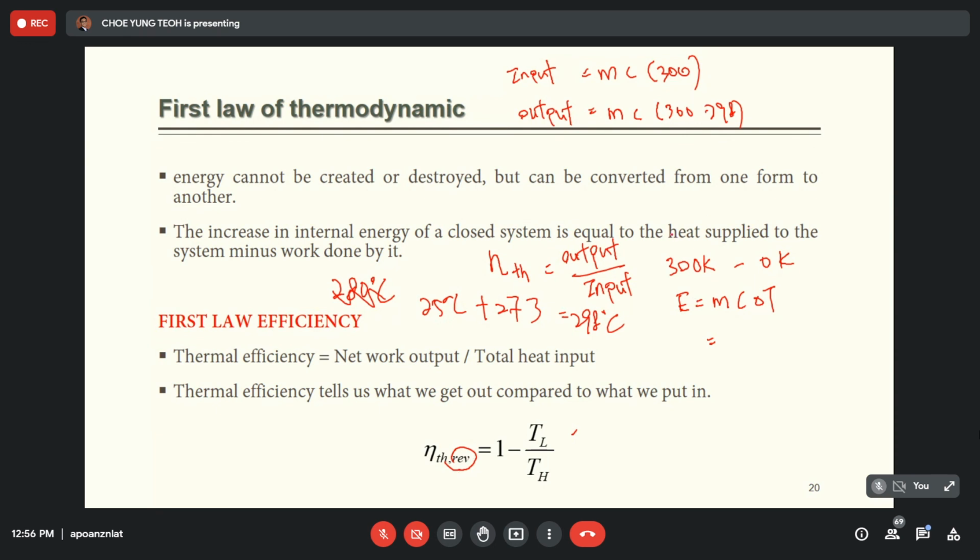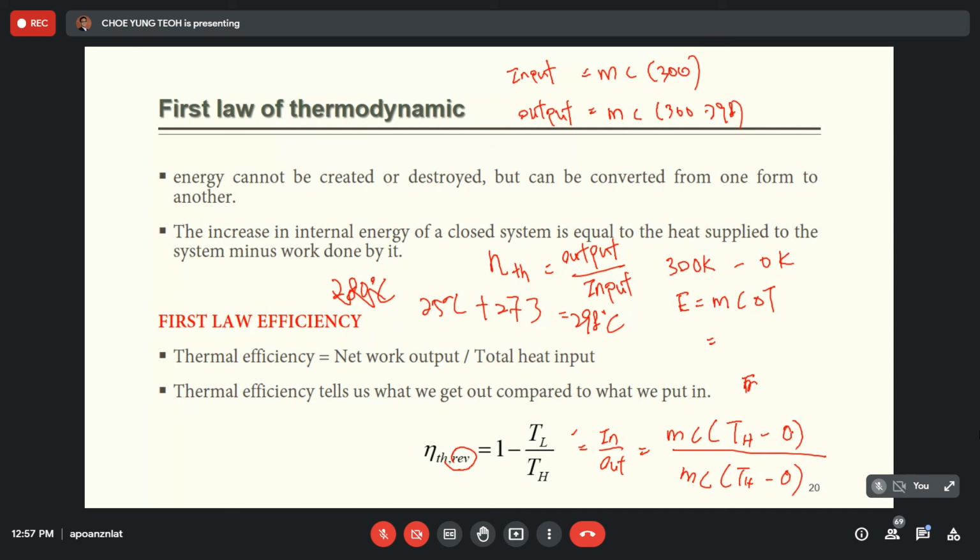Let's say I do not want to substitute the values, I just use the symbols. The input will be M, C, delta T, which is T hot minus 0.